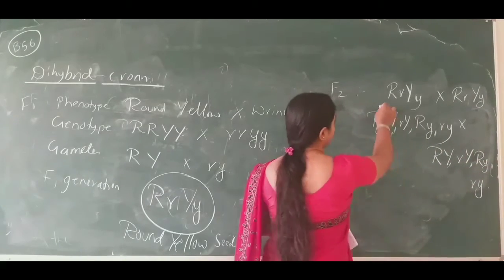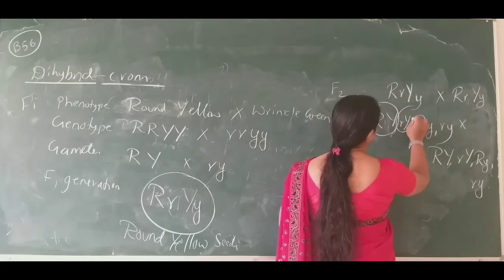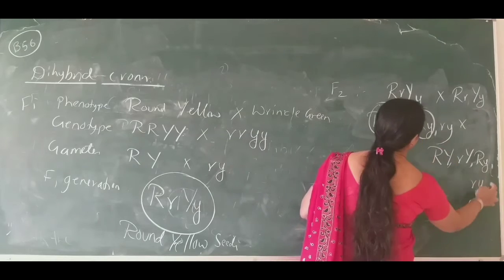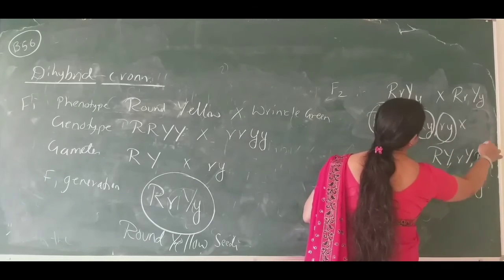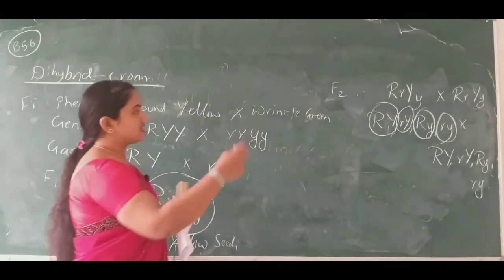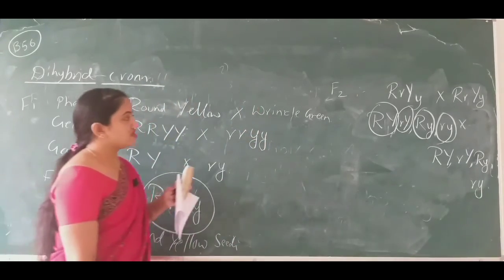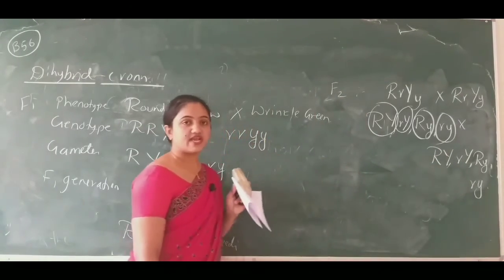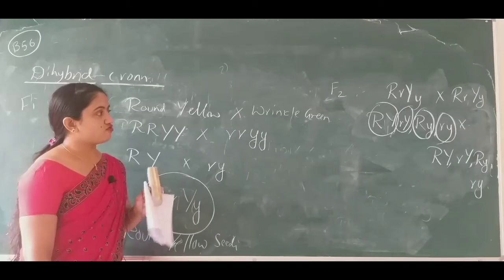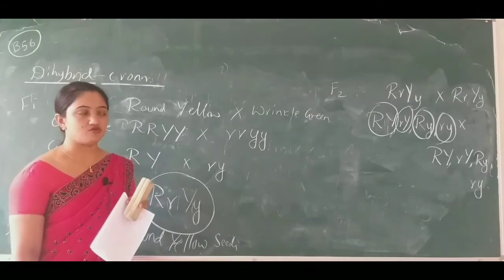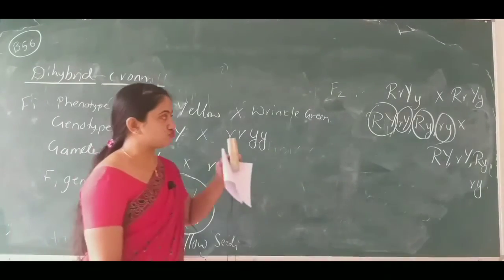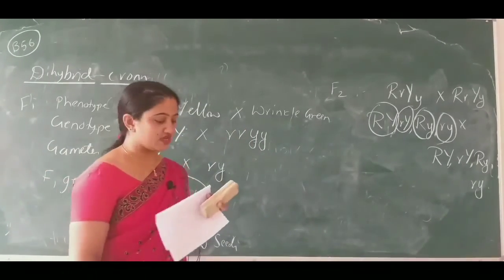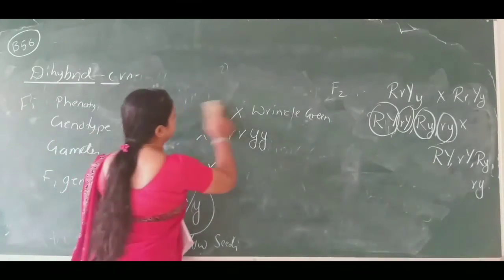These are the four gametes produced from this parent and four more gametes from that parent. So here we got 8 gametes, 4 male and 4 female. We have to show the offspring of these 4 and 4 gametes by putting them in the Punnett square.